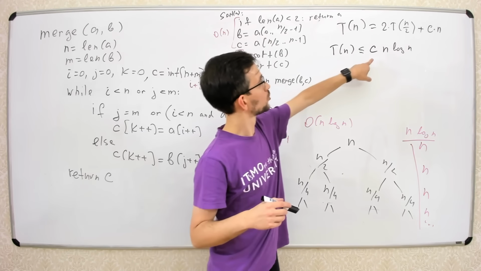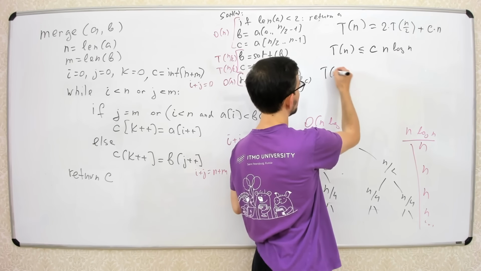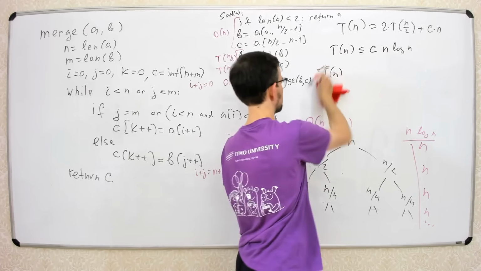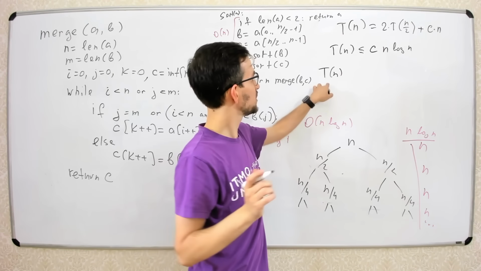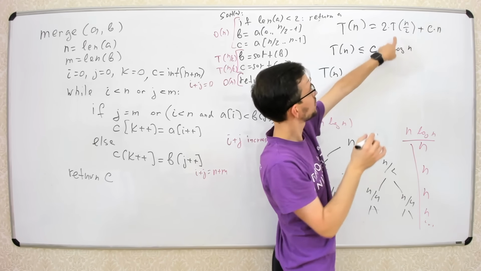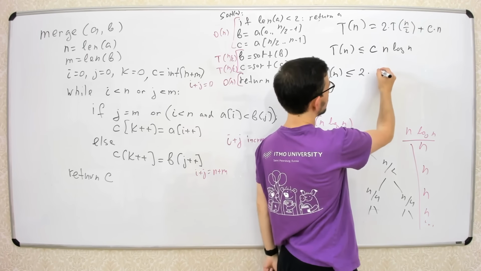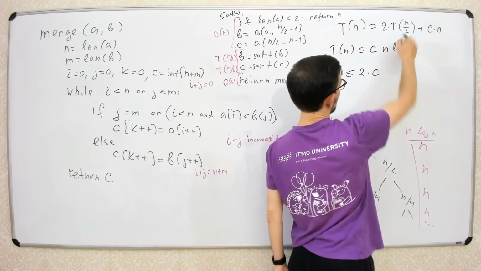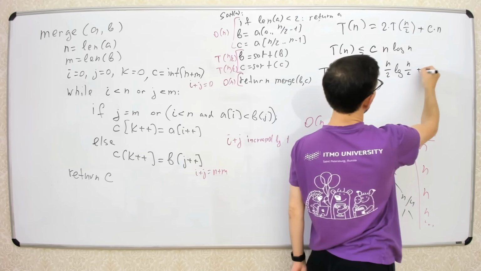So we put this n in here. We have T of n, which is 2 times T of n over 2. So we have 2 multiplied by c n over 2 log of n over 2, plus cn.